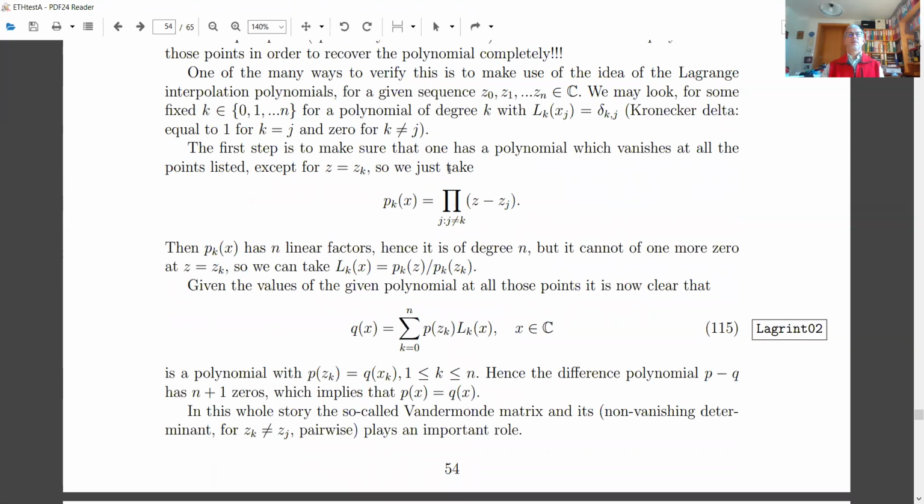As an intermediate step, I would like to ask: can we reconstruct a polynomial of order capital N from N values? And the answer is yes. If you give me any N different values of a polynomial of order N, you have N unknown coefficients and you have N equations, then you can do it.